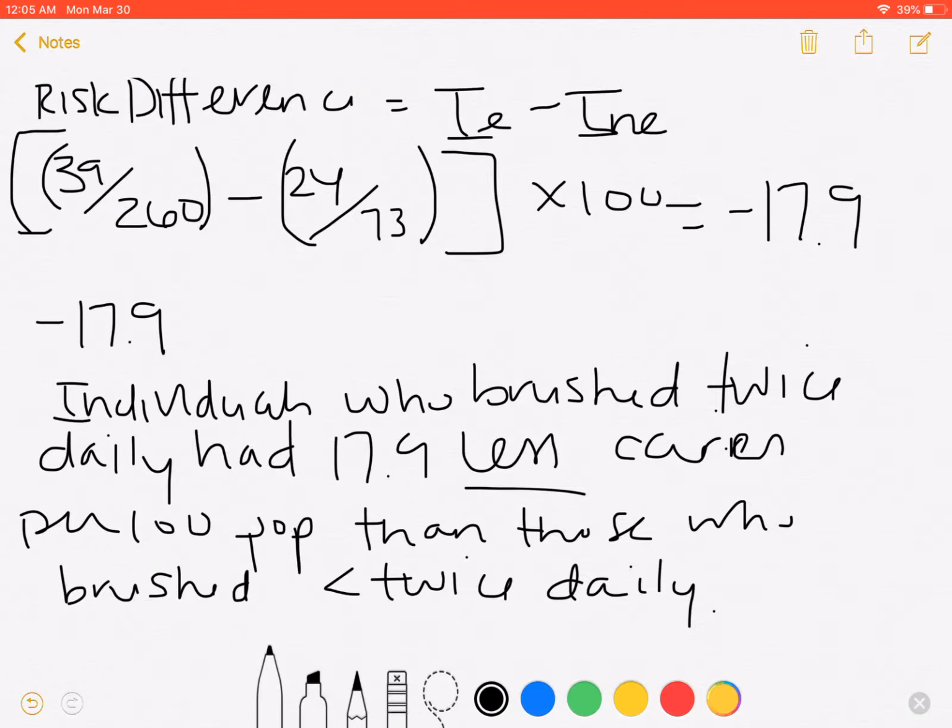Essentially, those in the exposure were protected. They had less of the health outcome.